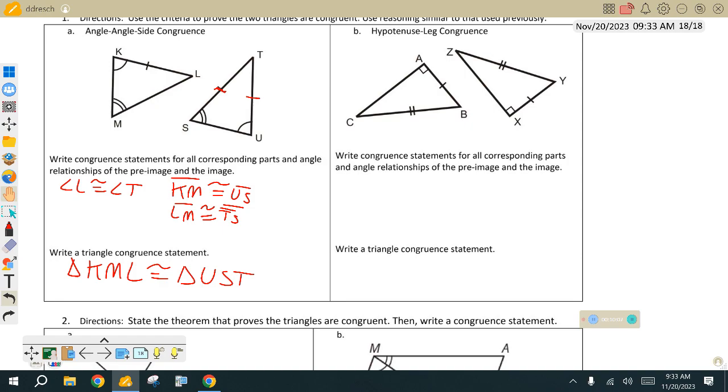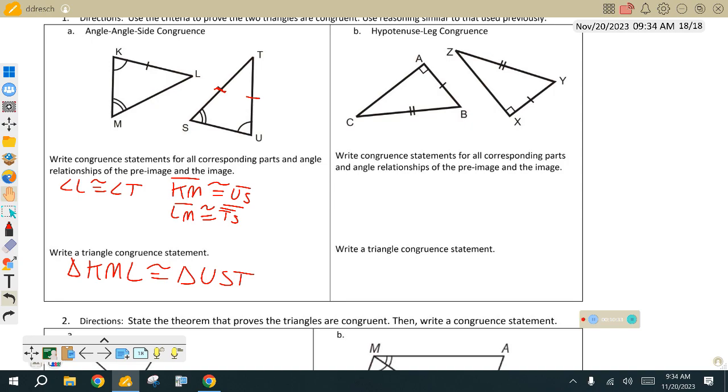Yeah, the word hypotenuse. On our last one, we call it HL, for hypotenuse leg. The only way this one works is if you have a right triangle.